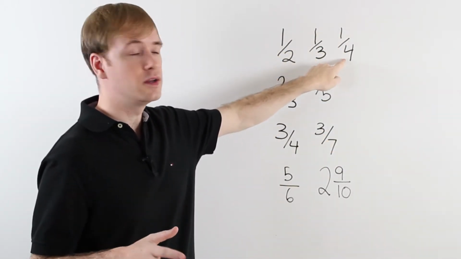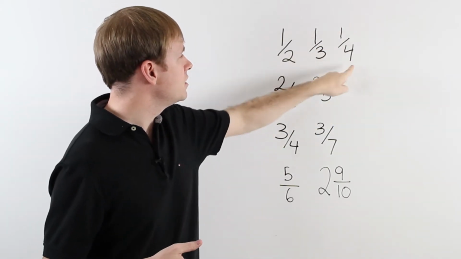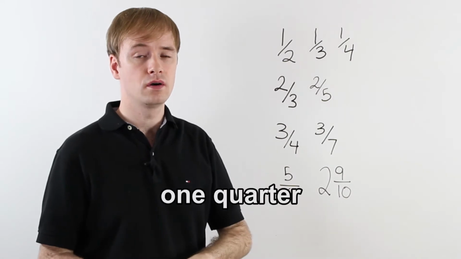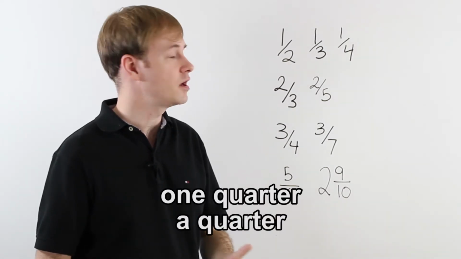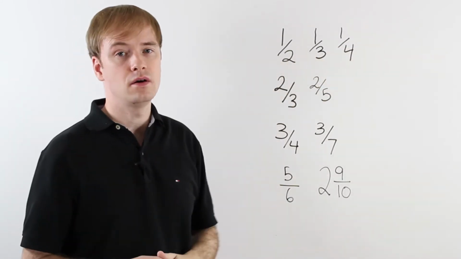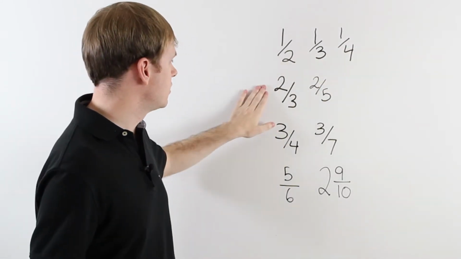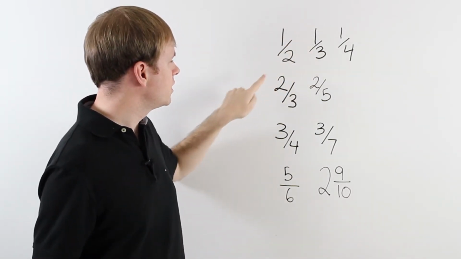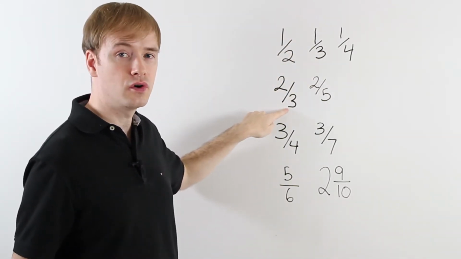A quarter has a special name. If you see this, this is 1/4, or a quarter. So a half, 1/3, a quarter. The next line: now we have 1/3 and you see 2/3.